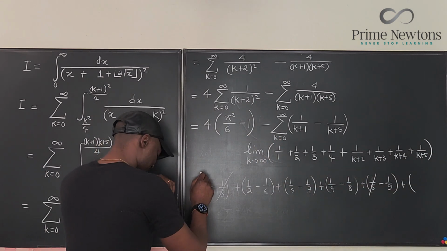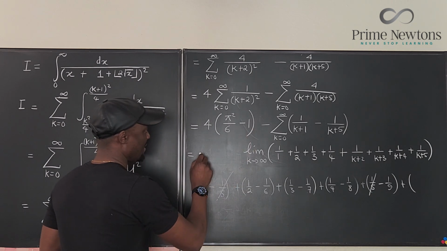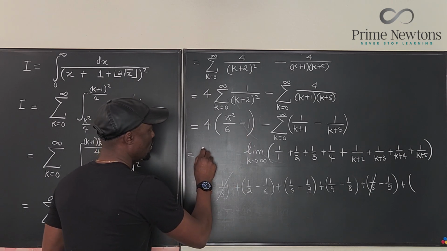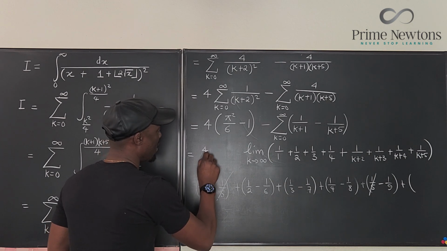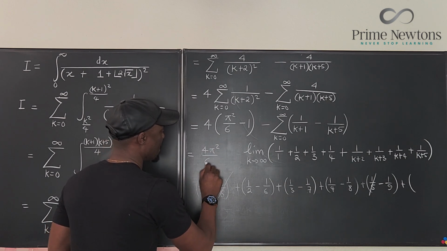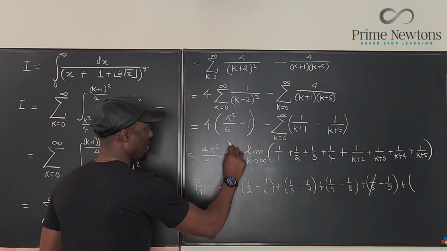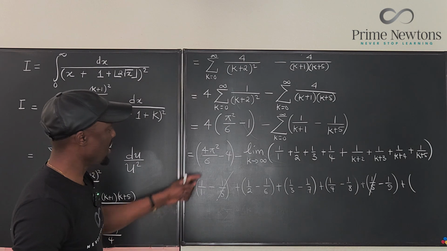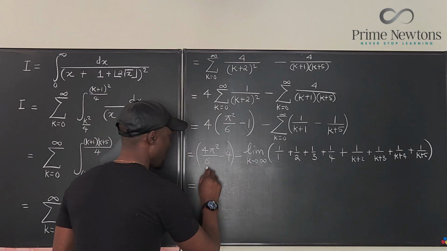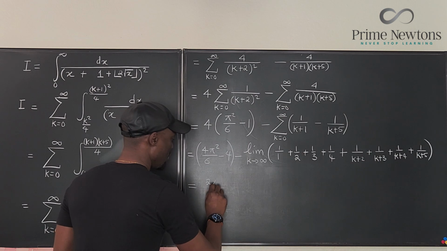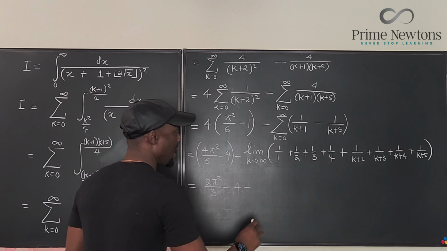Okay. Now, we can multiply this out. We're going to have 2 pi squared, let's just write it as 4 pi squared over 6, minus 4, minus this limit. Okay, let's do it this way so that it looks cleaner. So this is going to be equal to 2 pi squared over 3 minus 4 minus this limit.